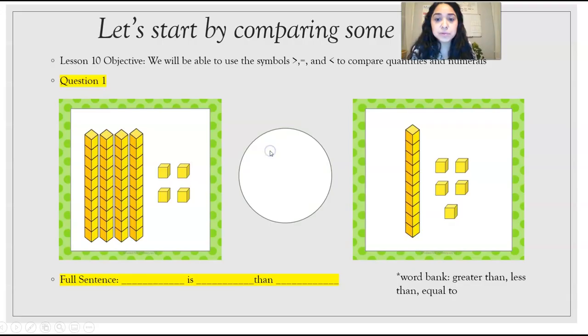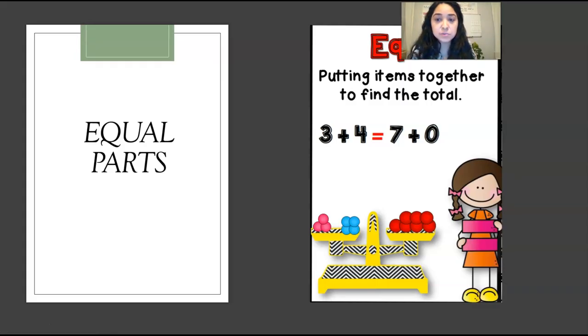The other term that we will be using is the equal. So we are going to be talking about equal parts. So when we put numbers together and we find the total, when we make them equal each other, when we balance it like it shows in this picture, then we can use the equal sign. So we have to make a true number sentence. So I see 3 plus 4, and you see 3 balls right here, and then you see 4.